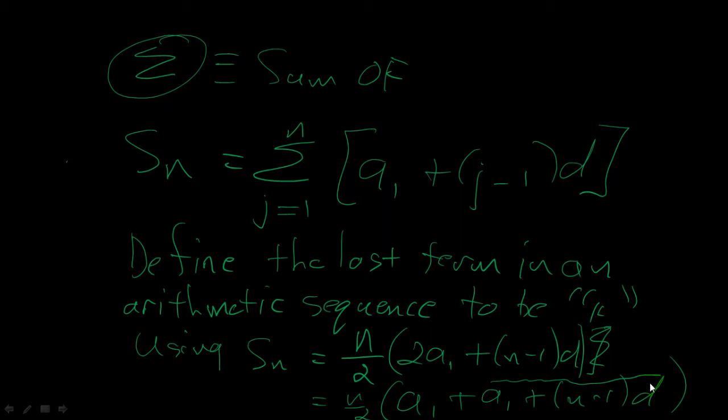So we can replace this with k, and we have another form of an arithmetic series: Sn is equal to n over 2 multiplied by the first term plus the value of the last term of the arithmetic progression. A very simple and straightforward formula, but also very powerful.